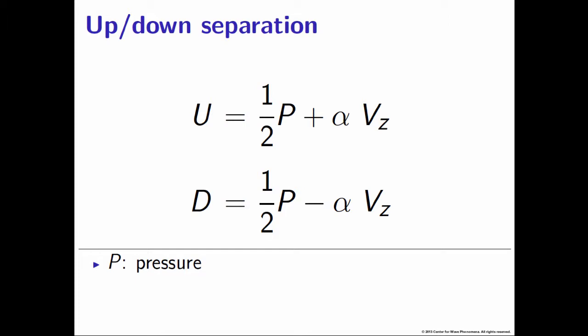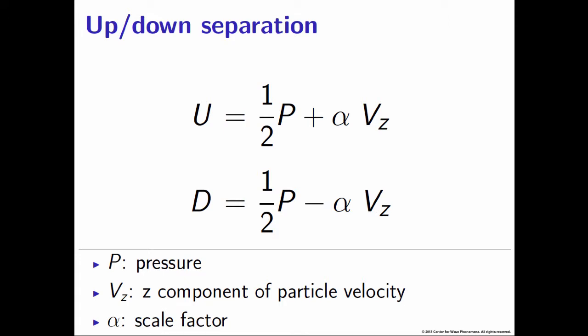If the ocean bottom is not horizontal, we should rotate the particle velocity such that the vertical component corresponds to the normal of the ocean bottom. Here, alpha is a scaling factor. There is a lot of research about how to choose alpha wisely to make the separation more complete, but this topic is a little more involved than I have time for now.